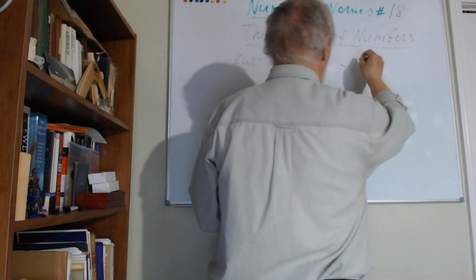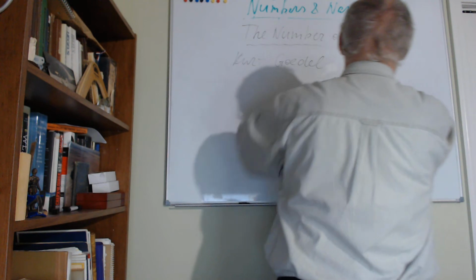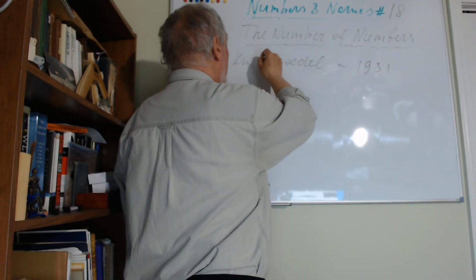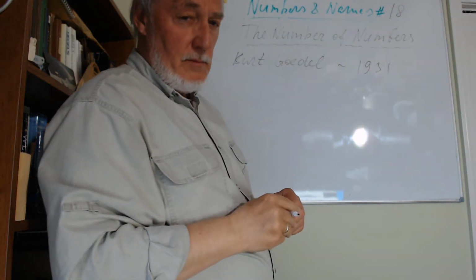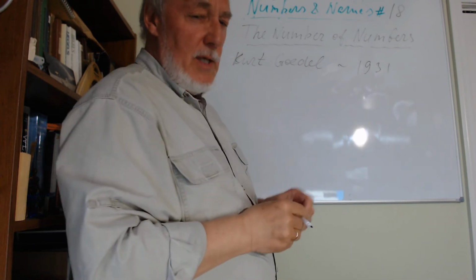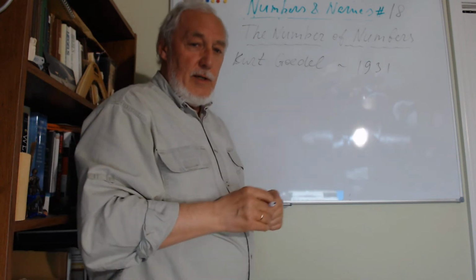And sometime around 1931 he proved a theorem which is based on these ideas of countable and uncountable. I'm not going to prove it, of course, because it's a little tricky for your age.